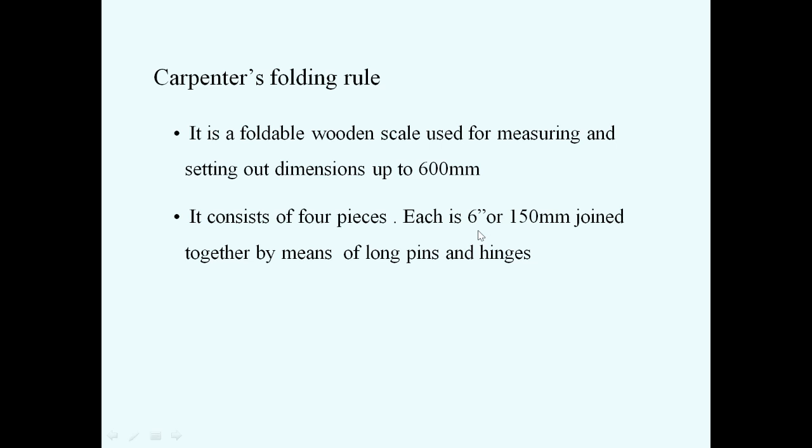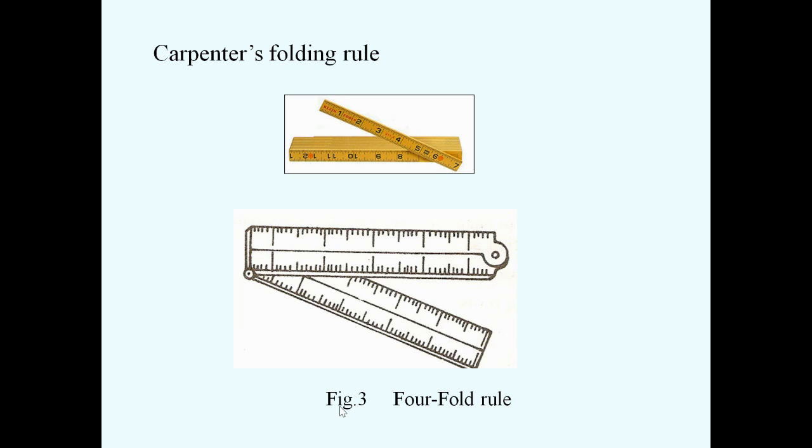So each 6 inch piece is joined by the long pins and hinges. So by folding all four pieces, it can be folded to a single piece length. You can see the diagram of the four folding rule.